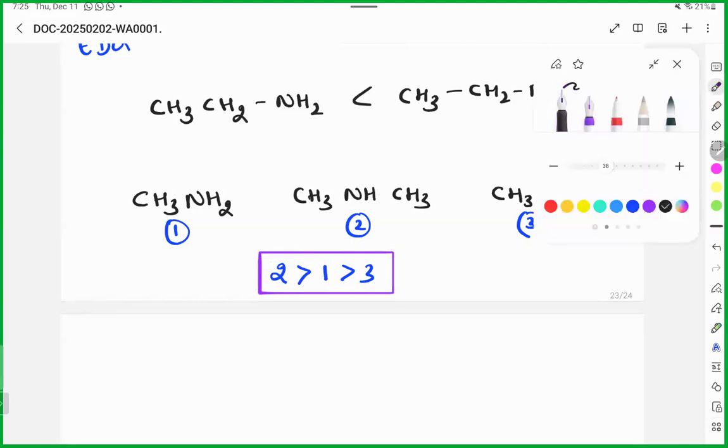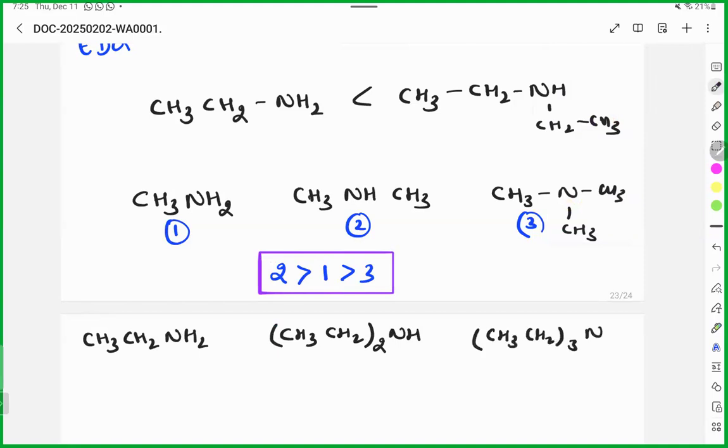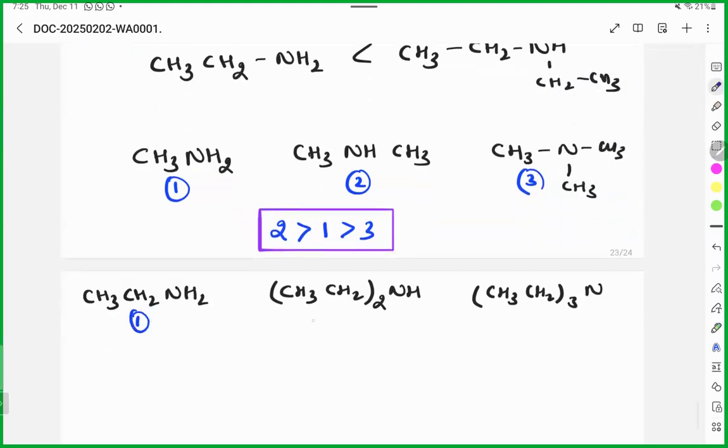But if you have options like CH3CH2NH2, CH3CH2 twice NH, and CH3CH2 thrice N, which one will be most basic? Samarth. The second one, I think.